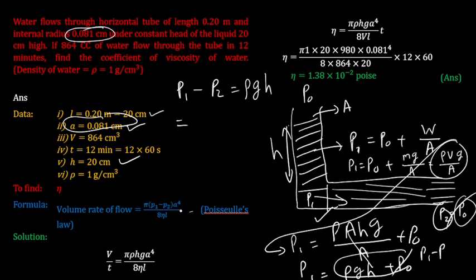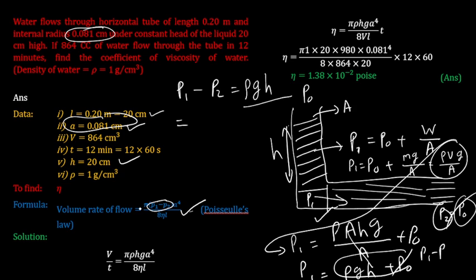So this is Poiseuille's equation which is associated with this setup, and we can calculate viscosity of the liquid. Here we have a pressure difference, the pressure at one end of the horizontal tube and the pressure at the other end of the horizontal tube. And that pressure difference we have already calculated to be rho g h.